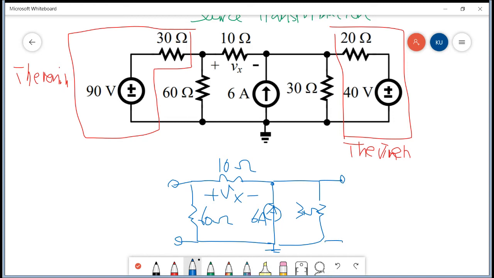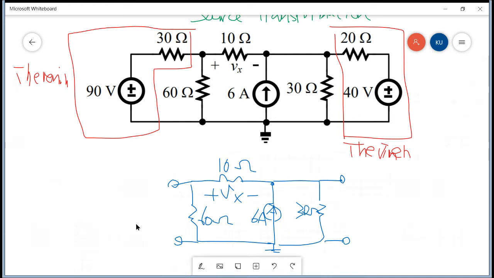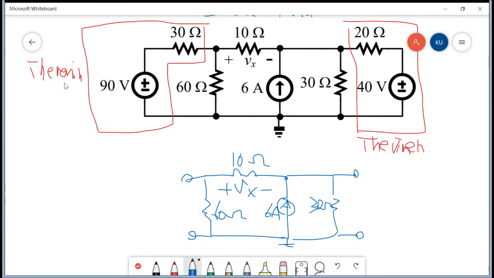So we just copy down the original circuit. So we convert this part into the Norton. So the resistance doesn't change.